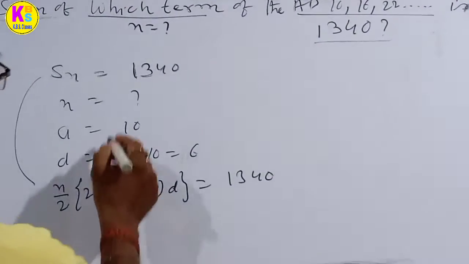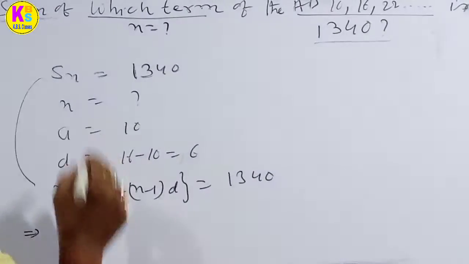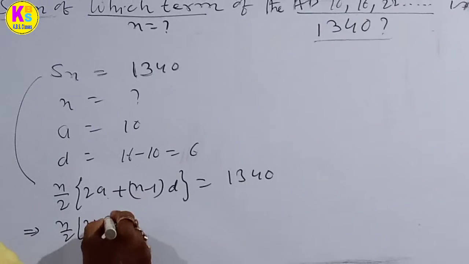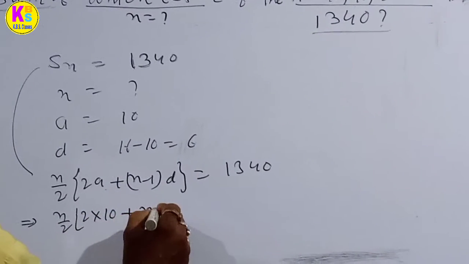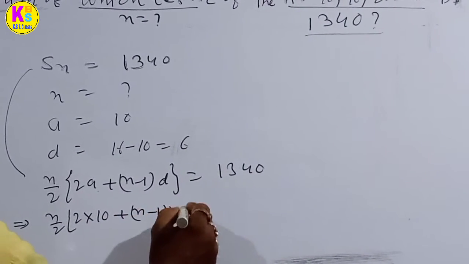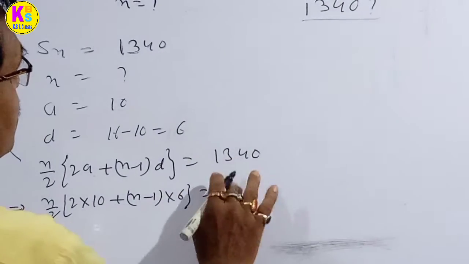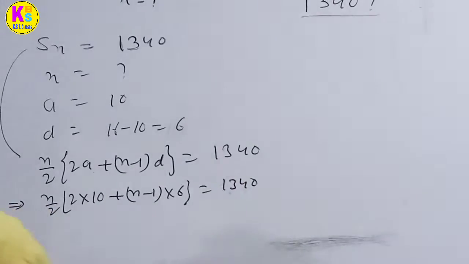Put the values given. n we don't know, so n by 2 into 2 into 10 plus n minus 1 into 6 is equal to 1340.